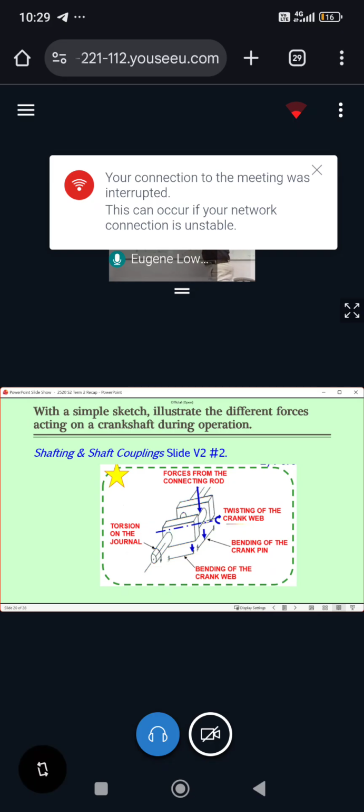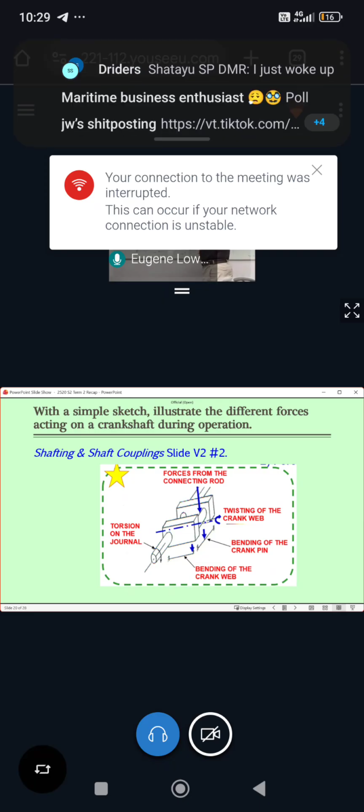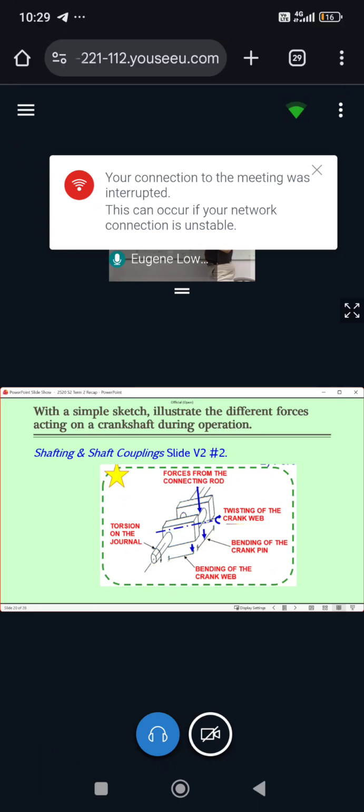So if the crank pin tends to bend a little bit, the crank web experiences twisting, right? Twisting. So I'm going to draw a center line out of this crank web. Okay. And then I'm going to do this circular arrow here, right? To show that this crank pin will tend to twist when the force from the connecting rod is coming down, right? And of course, the other side will tend to twist the other way, inwards.